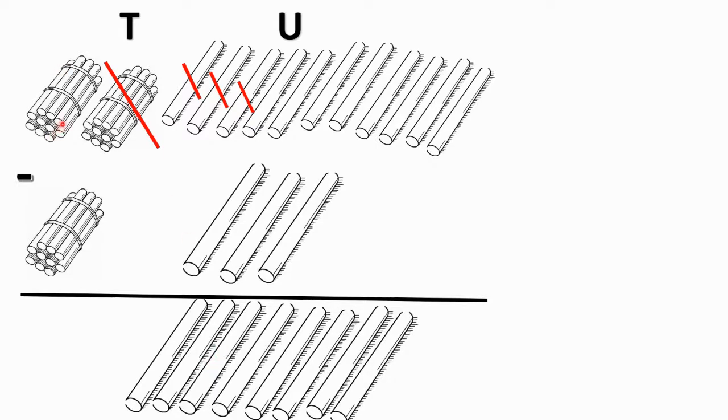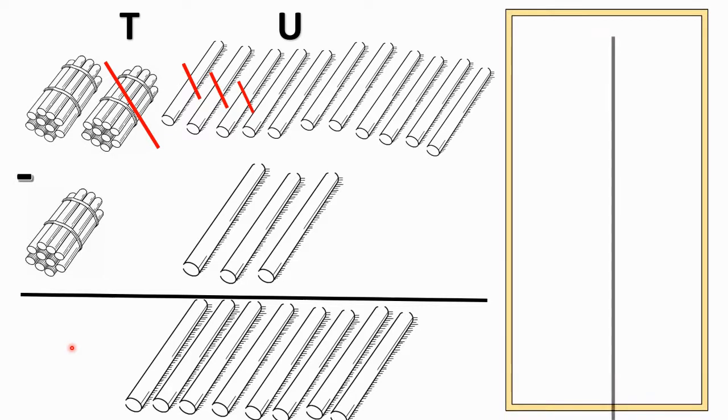Now tens place. Here one bundle of 10 sticks and here also one bundle of 10 sticks. If we take away one bundle from one bundle, then how many remaining? We get 0. Yes.